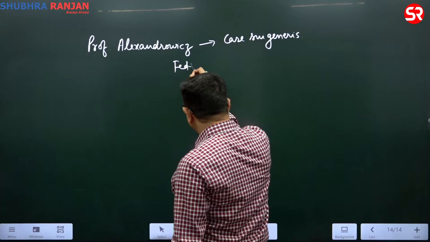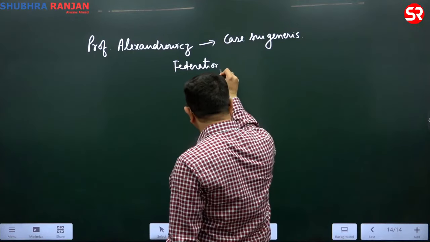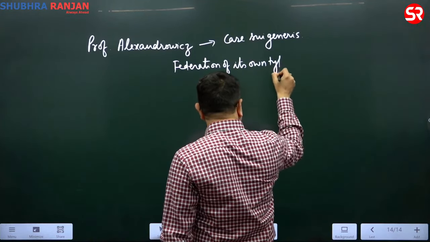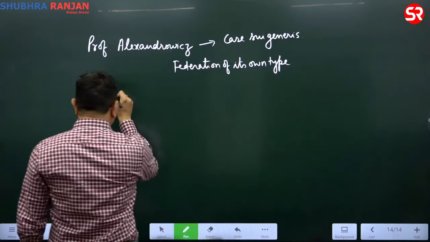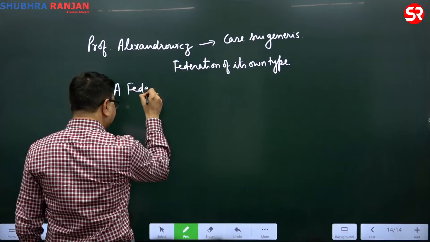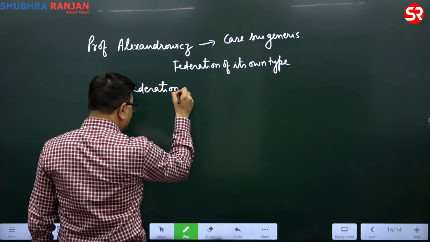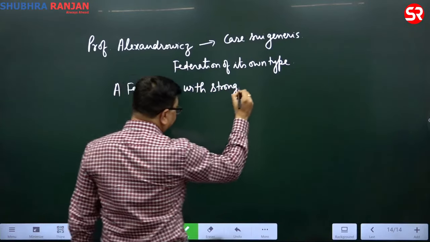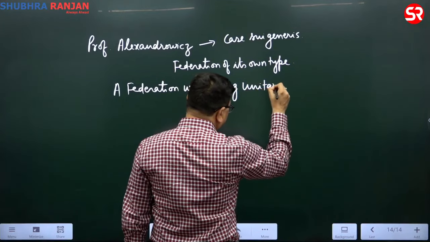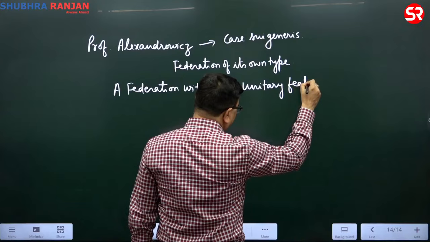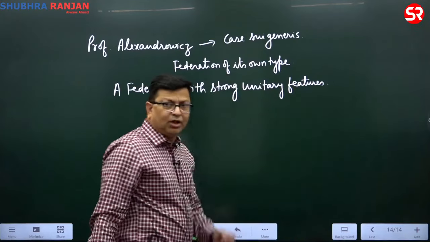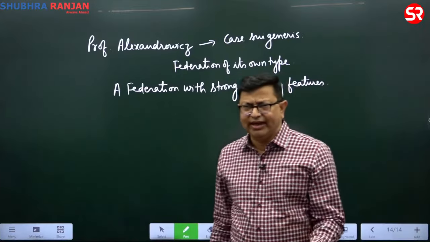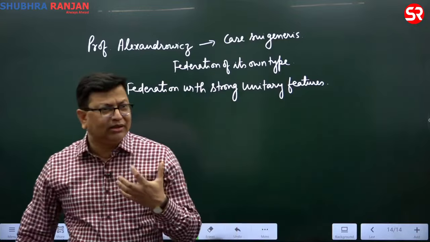That is, it is a federation of its own type. It is a federation with strong unitary features. Obviously, quasi-federal is justified. This is how you need to develop the answers.